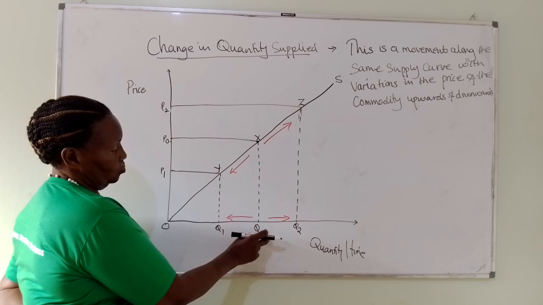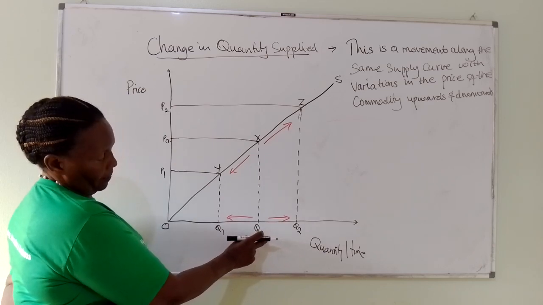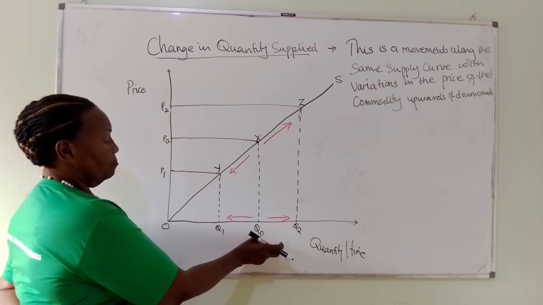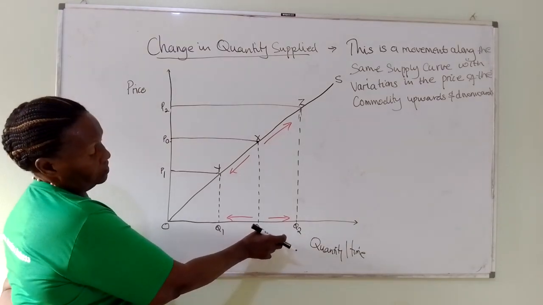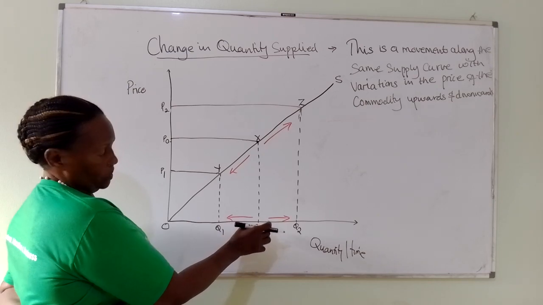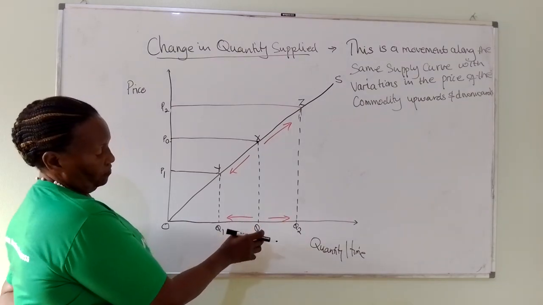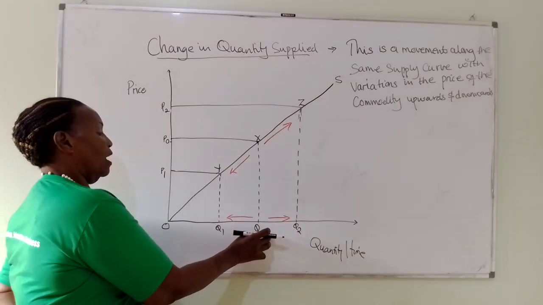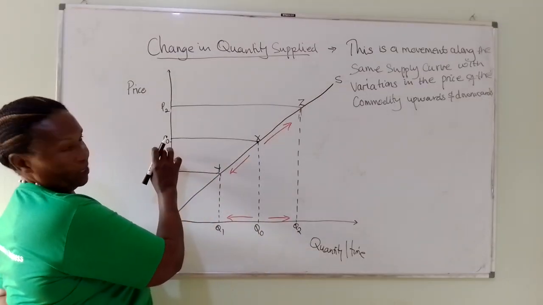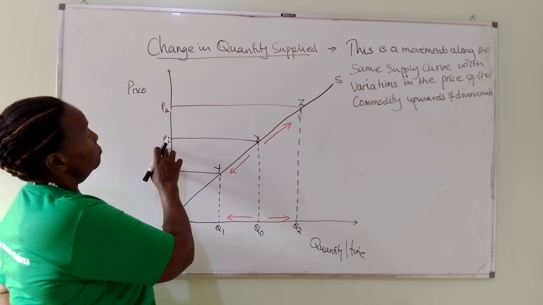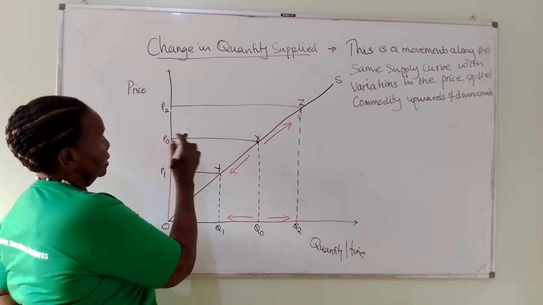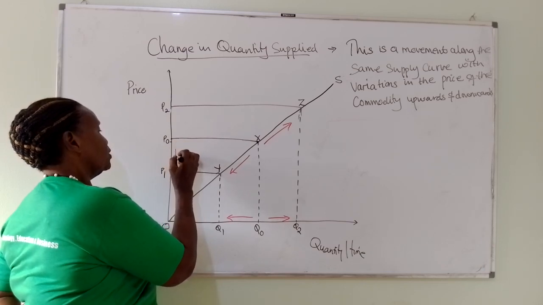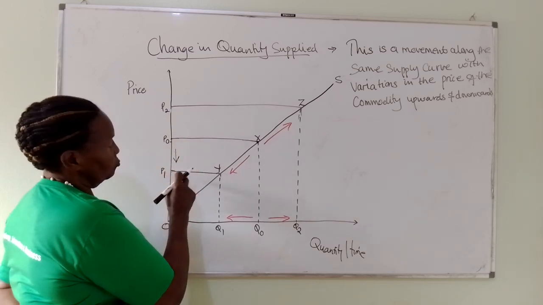P0 gives you quantity Q0 being supplied. Q0 means our origin or starting quantity, supplied at price P0, the original or starting price. Now our price for that commodity reduces and it moves down to P1.